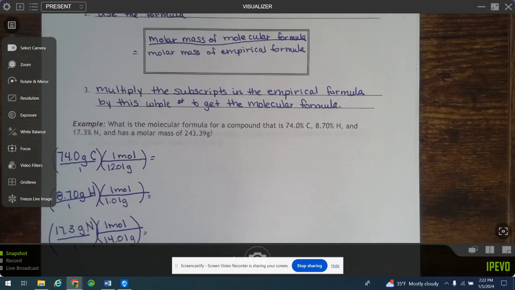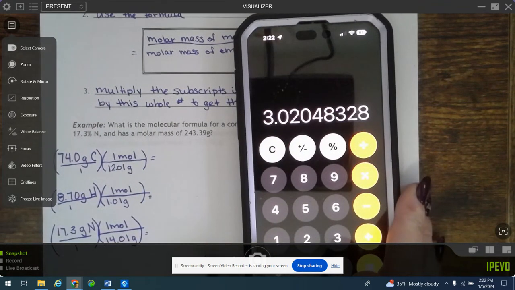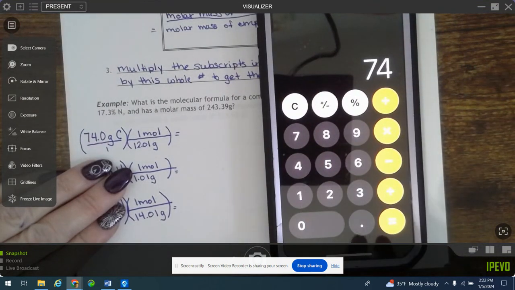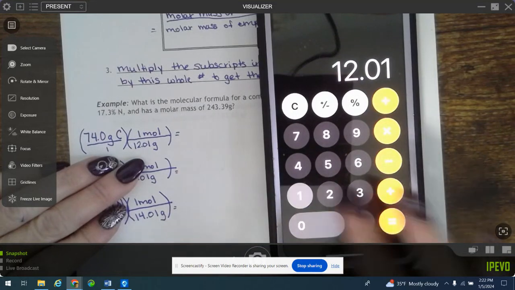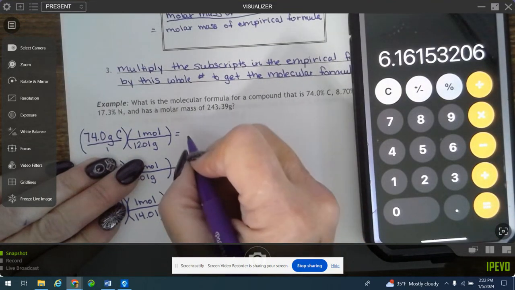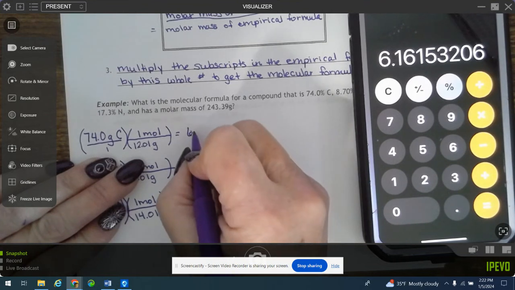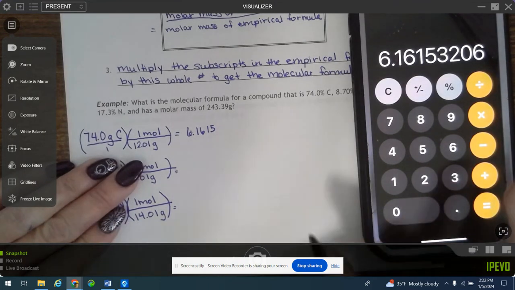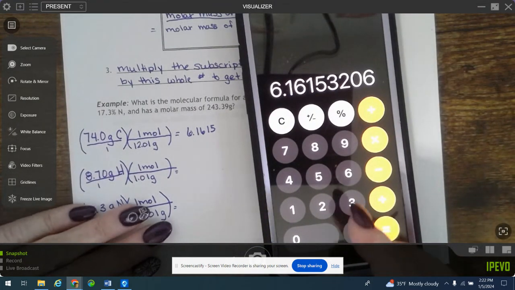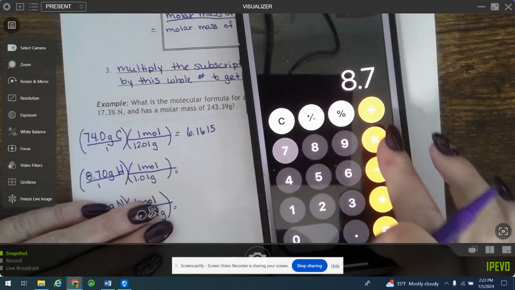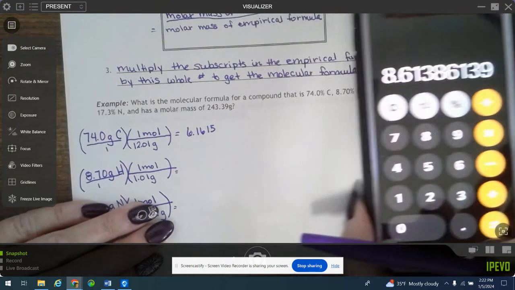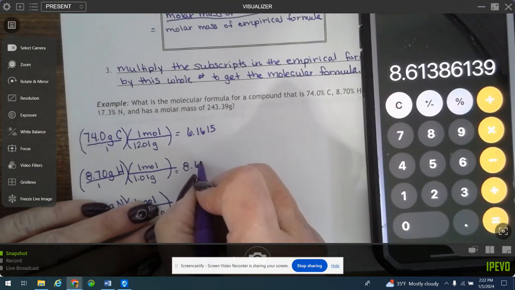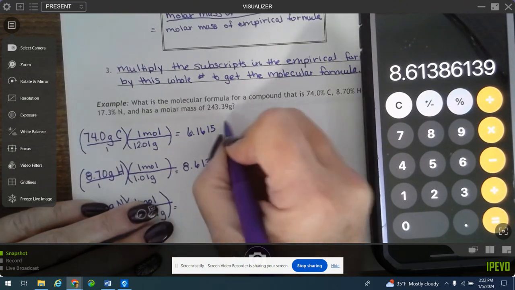All right, calculator. Let me slide this up a little bit so you can see what we've got. 74 divided by 12.01 is 6.1615. Remember, I'm going to carry these numbers out because it makes that division step more accurate. 8.7 divided by 1.01, 8.6139.